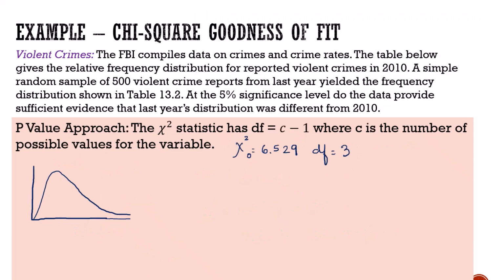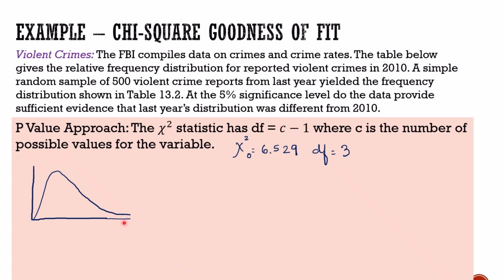So let's perform the test using the p-value approach at this point. In the p-value approach, there are no reject, do not reject regions. We start with our test statistic value, which I've written down here. It was 6.529. I have the curve on this side, and I'm going to represent 6.529 on the curve and find the area to its right, which will give us our p, or the probability value, right?